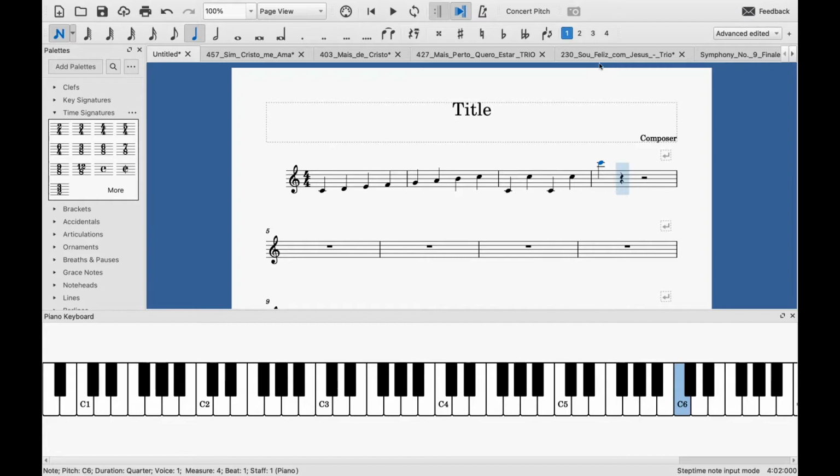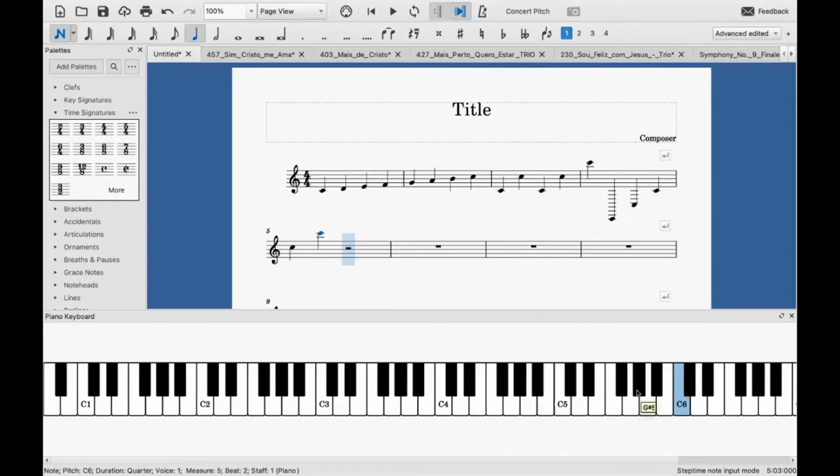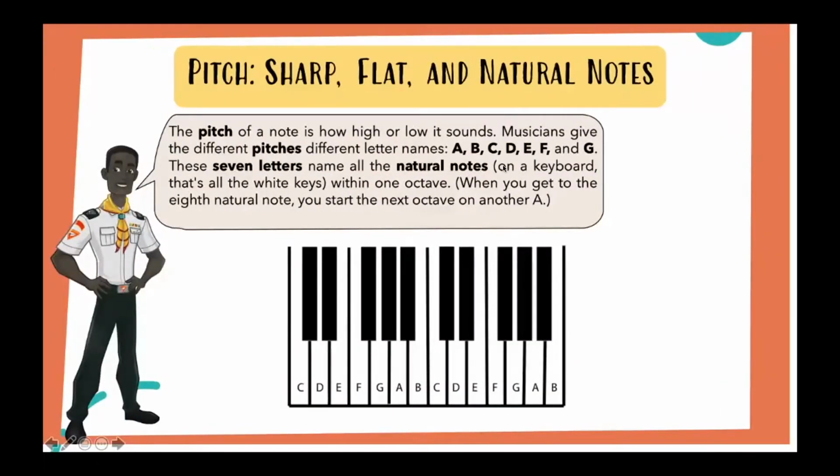So I can have very low pitches like this C1. It's very low. You see how low? And then we have C3, and then we have C4, C5, C6. It's all C, but different pitches. Yeah, thank you, you got that right. Then we have here the natural notes.